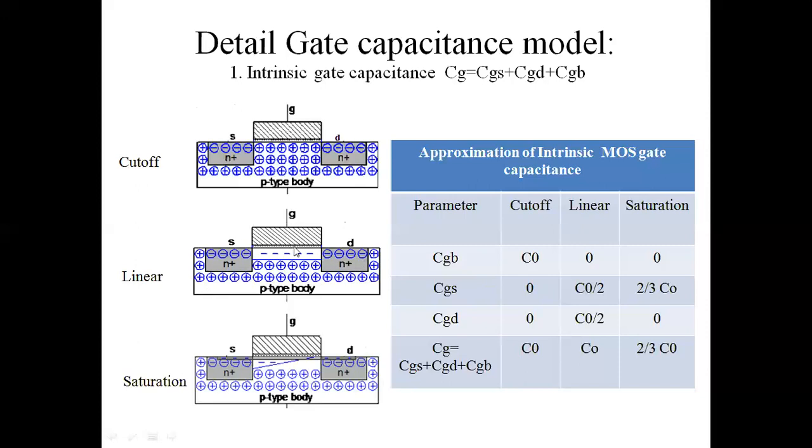In the linear region, there are two capacitances: first is CGS and second is CGD. As the channel is uniform, the capacitance values with respect to source and drain are the same, each given by CO by 2. Since the channel is uniform, this applies to the gate with respect to source and the gate with respect to drain. So in the linear region, both capacitances, CGS and CGD, are present.